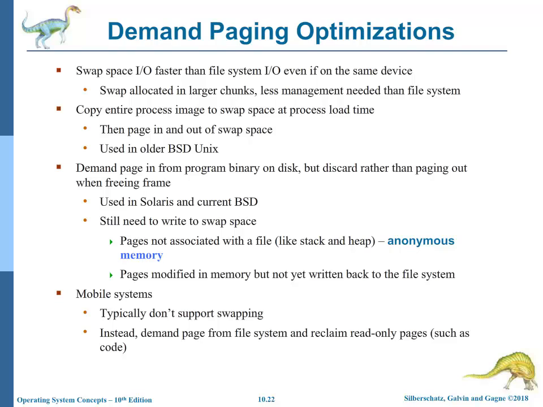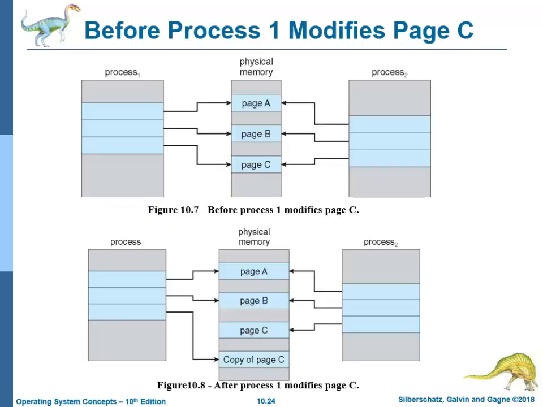An operating system may be designed to limit paging between main memory and the file system because throughput to swap space is faster. Windows XP, Linux, and Solaris use copy-on-write with fork. Instead of copying the entire parent process, the system copies only the pages on which the parent or child actually writes.